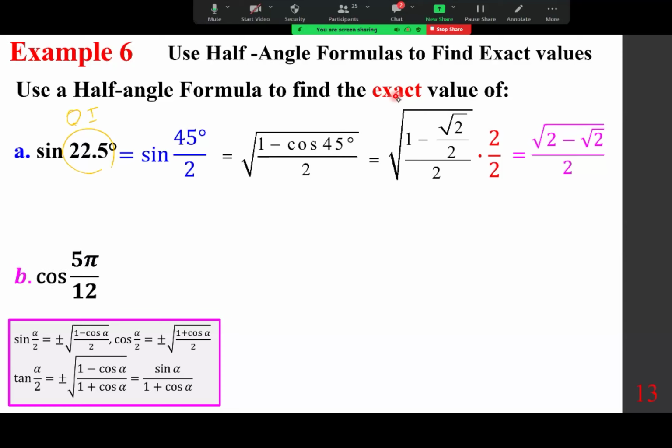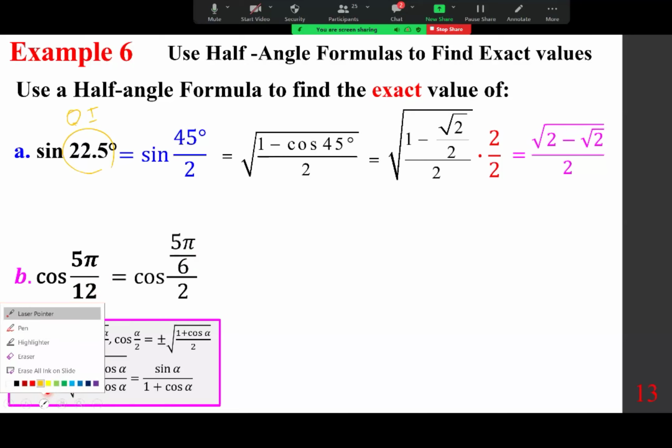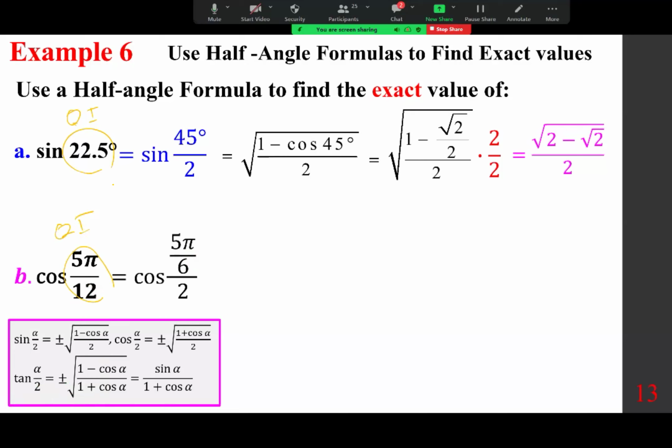How about cosine of 5 pi over 12? You recognize this as half of 5 pi over 6. So cosine of 5 pi over 6 divided by 2. Notice that cosine of 5 pi over 12 also belongs to quadrant 1.